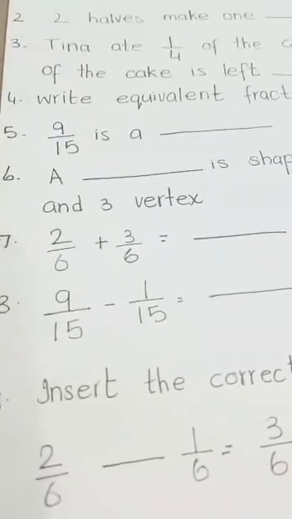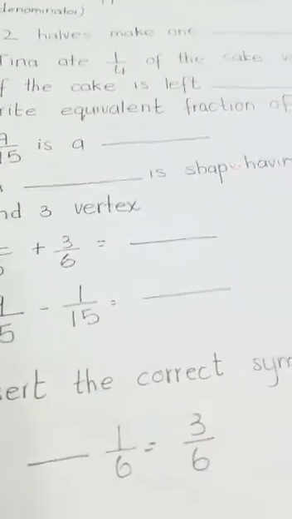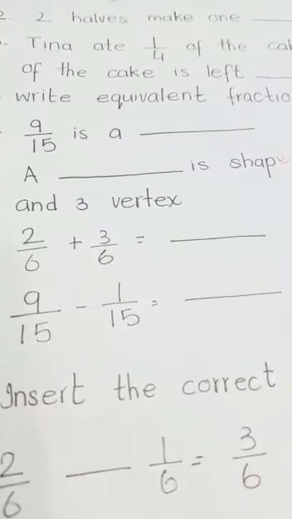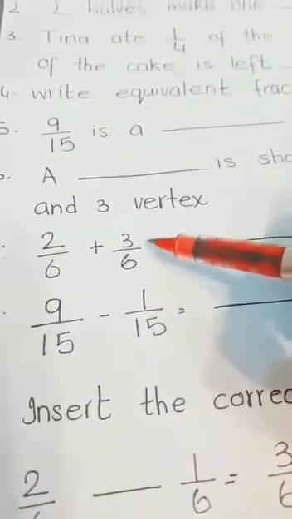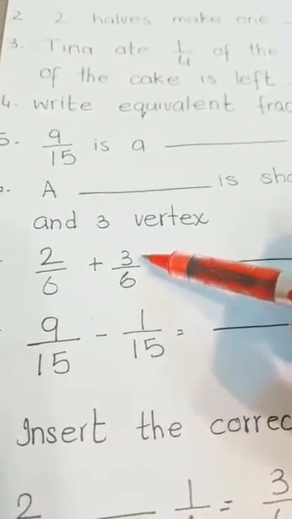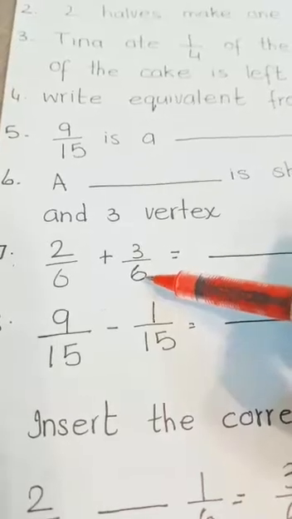Question number 7 says 2/6 plus 3/6 is equal to. Okay, this is a fraction value, but you will do it the same as addition. Keep in your mind, while doing fractions, addition is only done on numerators. We do not change or add the value of denominators.